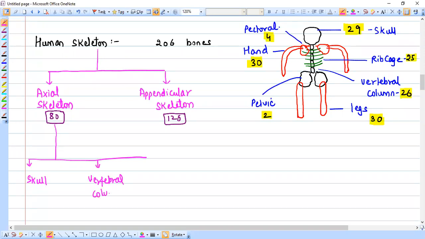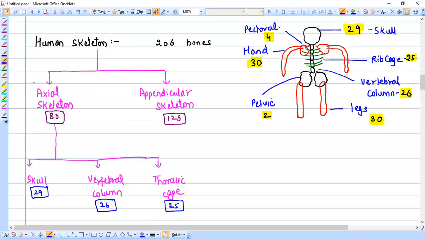After the vertebral column, we have the thoracic cage, or if you want, you can call it the rib cage. So how is this 80 bifurcated? Remember, the skull has 29 bones, your vertebral column has 26 bones, and your rib cage has 25 bones. We have to study all this in detail.